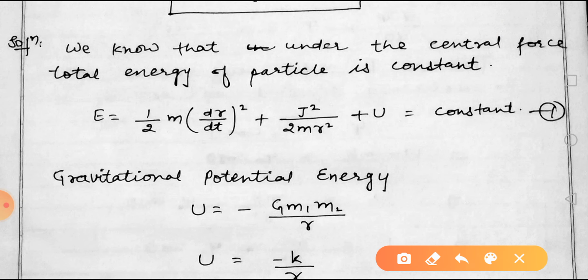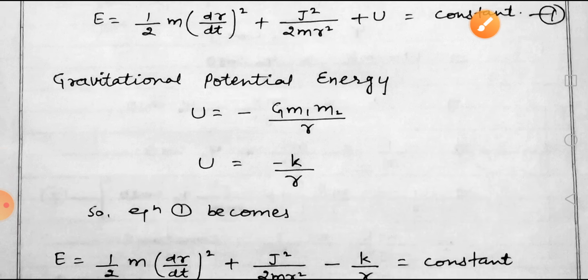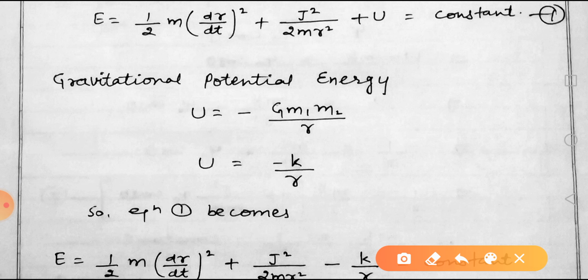So E is equal to half of m (dr upon dt) square plus j square upon 2mr square plus u is equal to constant. And gravitational potential energy u is equal to minus G m1 m2 upon r.